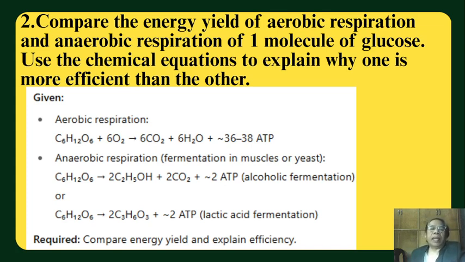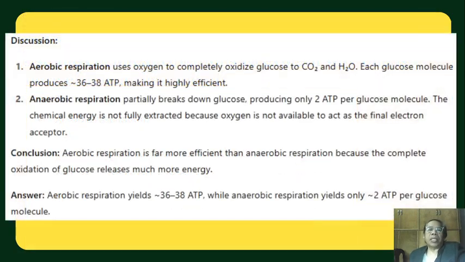So we're given that aerobic respiration produces approximately 36 to 38 ATP, and anaerobic respiration produces approximately 2 ATP. We are required to compare the energy yield and explain the efficiency.